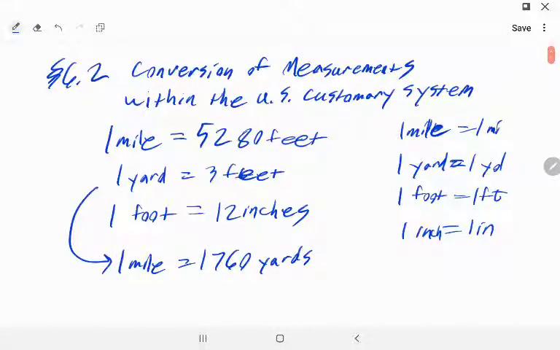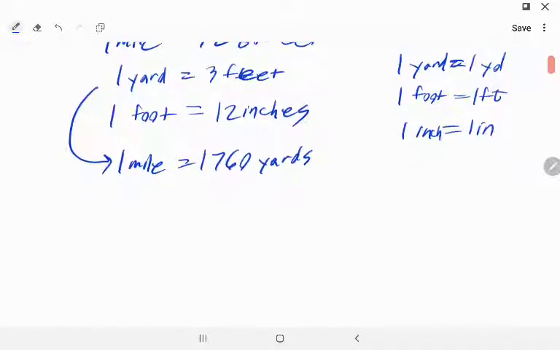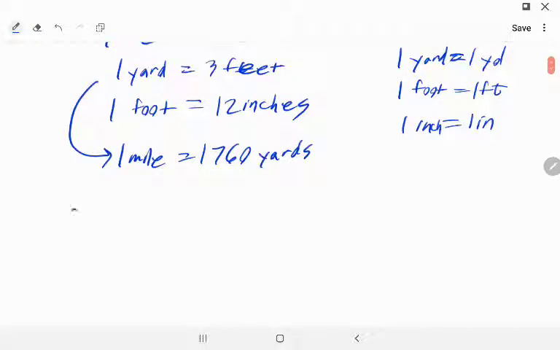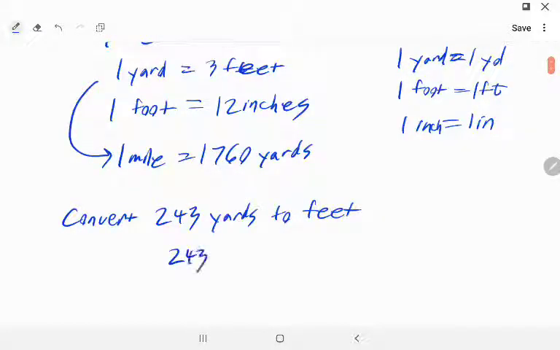So what you'll notice is that if we want to convert from one distance to another, we have to work a lot harder. We notice that if we want to say convert 243 yards to feet, we have to take that 243 yards.